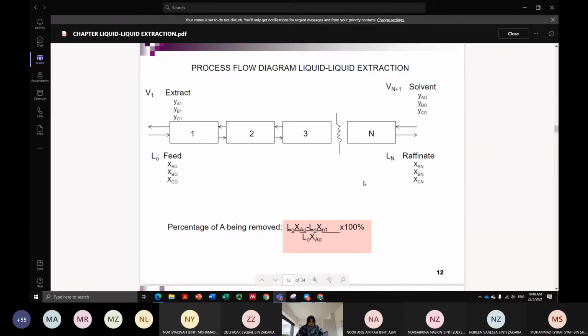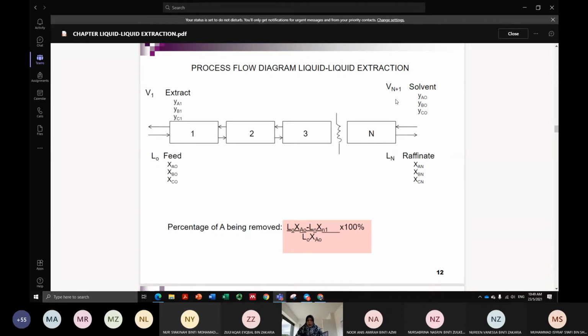Again, let me remind you, we are only dealing with liquid and liquids. So this symbol V does not represent vapor. This is just to separate the symbols so that it's easy for us to use them for the calculation.